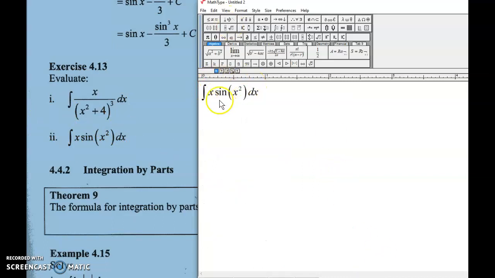For this one, x times sine x squared. By looking at it, we know that this is rather complex. So we can try to make u equal to sine x squared. We can try to do that.